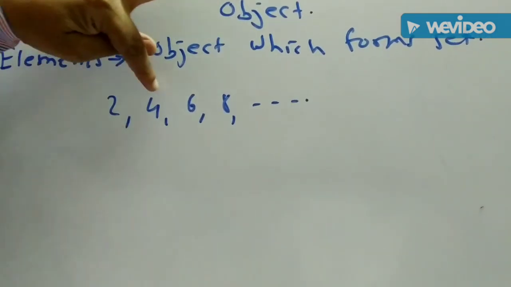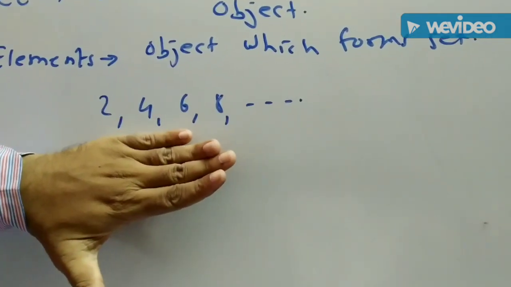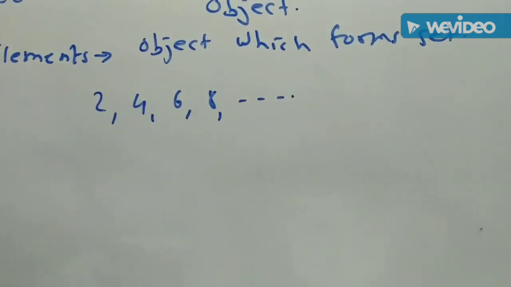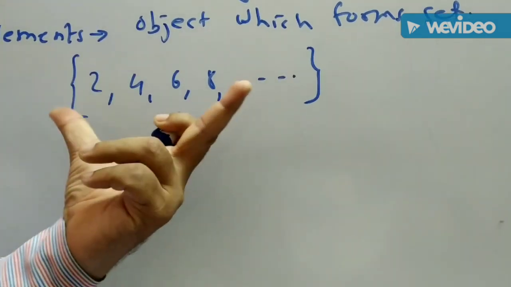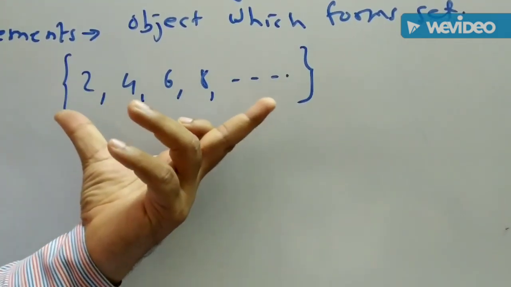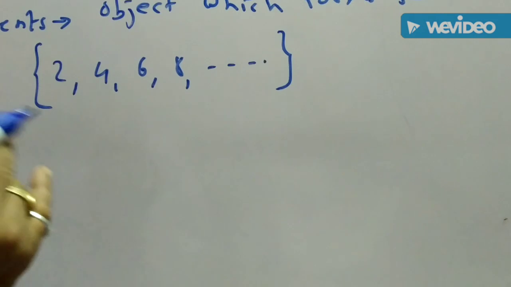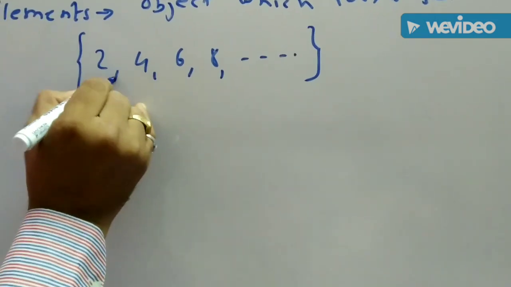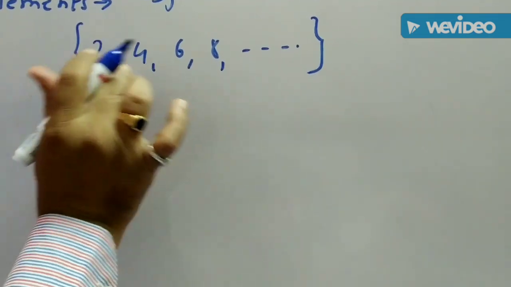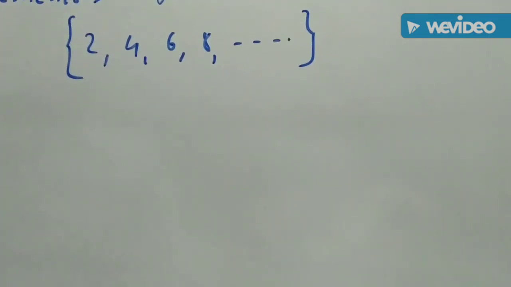The objects of that set are written in curly brackets, and to show the difference between objects we put commas between two consecutive objects.